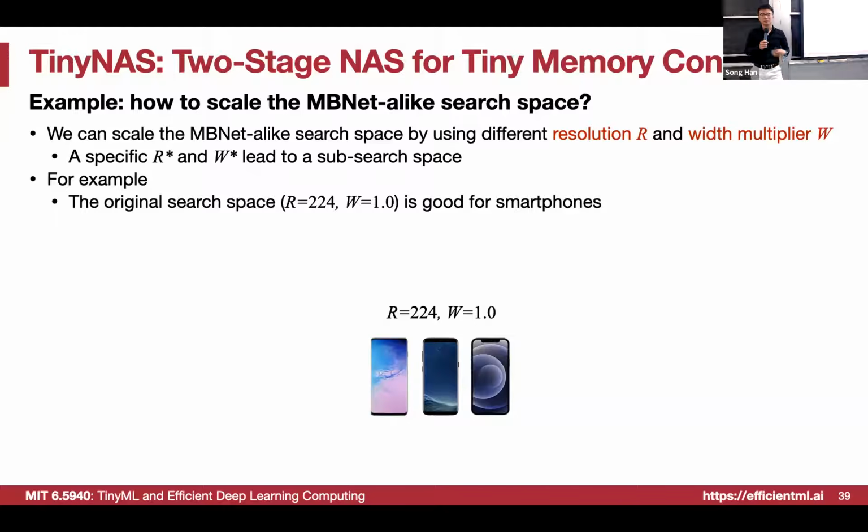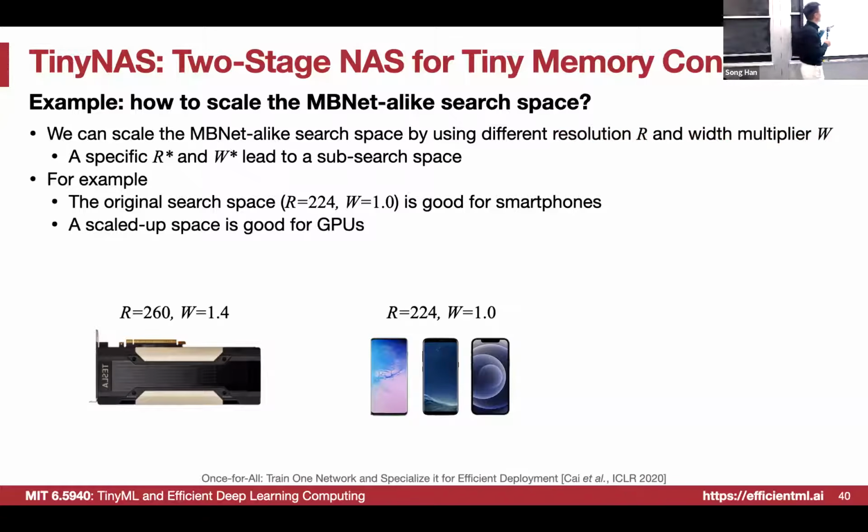And then we can talk about the number of channels, the kernel size, etc. For example, in the mobile AI scenario, using a resolution of 224 with a width multiplier of 1.0 is a pretty commonly used search space. And a scaled up space, like a larger resolution and larger width multiplier, is good for GPUs. Maybe for modern GPUs, even a larger resolution is helpful.